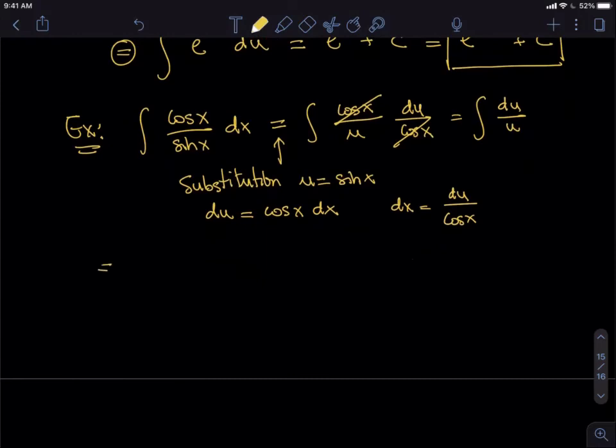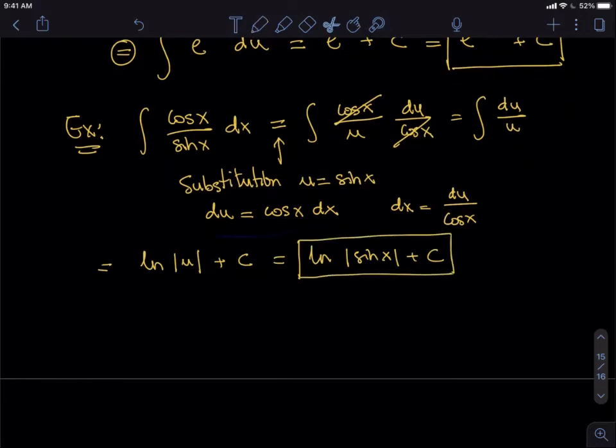what is the antiderivative of 1 over u? Is the natural logarithm of the absolute value of u plus c. And then the only step that is left is to substitute back. So the natural logarithm of the absolute value of the sine of x plus c.